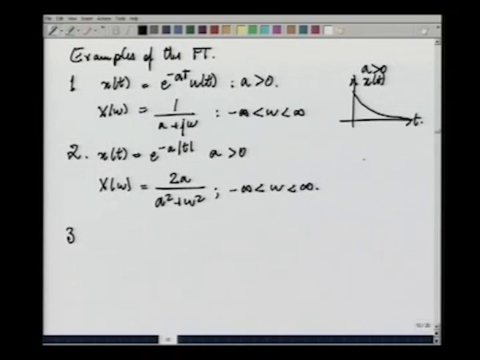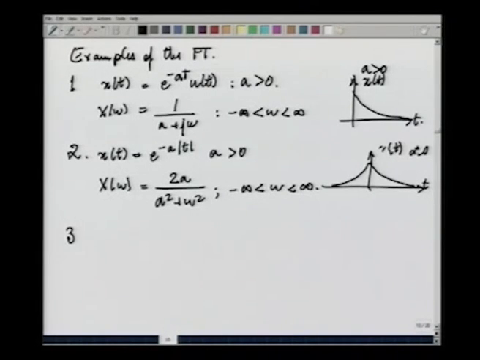The second function, for a greater than 0, comes out symmetric on both sides of the time axis, with exponentials decaying in both directions, as I have drawn over here.